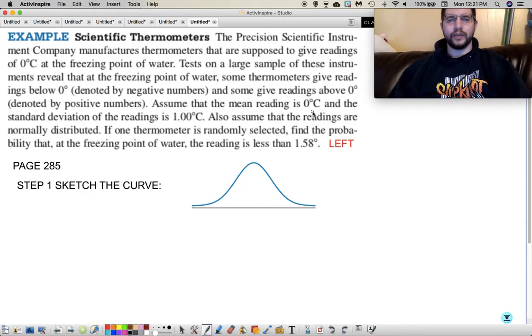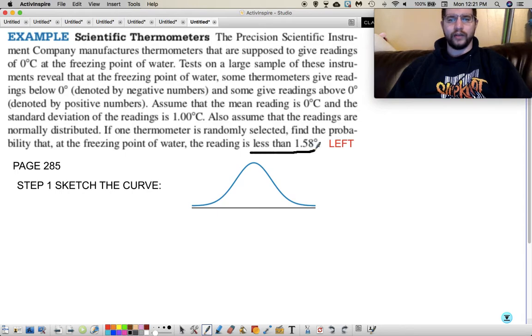Assume that the mean is 0 degrees Celsius and the standard deviation is 1 degree Celsius. Also assume that the readings are normally distributed. If one thermometer is randomly selected, find the probability that the thermometer reads less than 1.58 at the freezing point of water. So first off, you've got to get the key info.